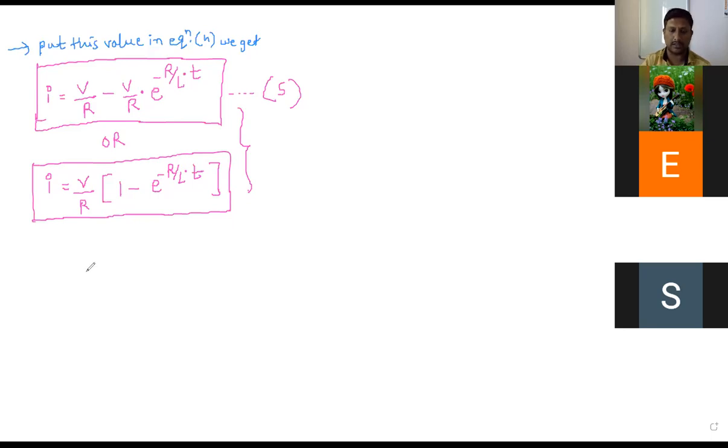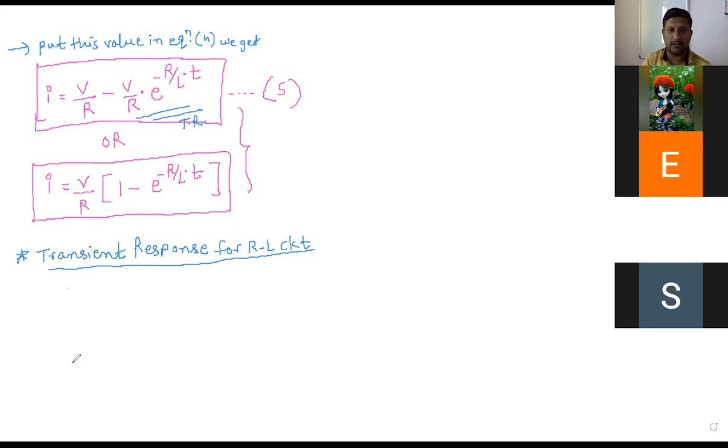I will draw the transient response here for the RL circuit. Transient response means only this part we can consider. This is TR, transient response. So the transient response for the RL circuit we can discuss now with the help of equation number 5.